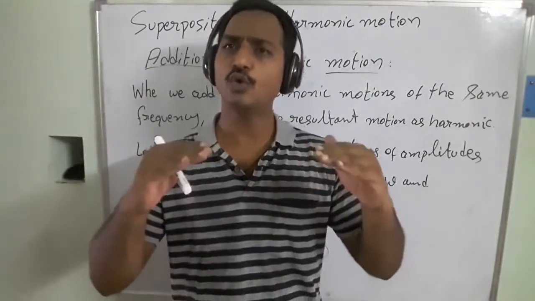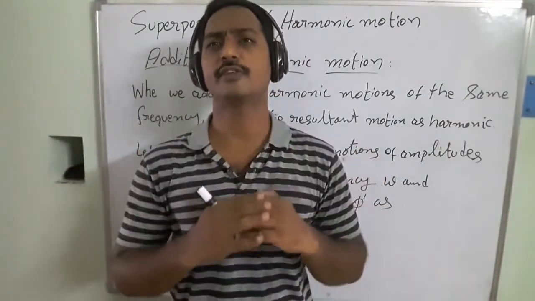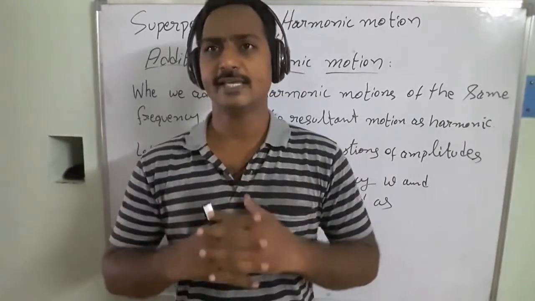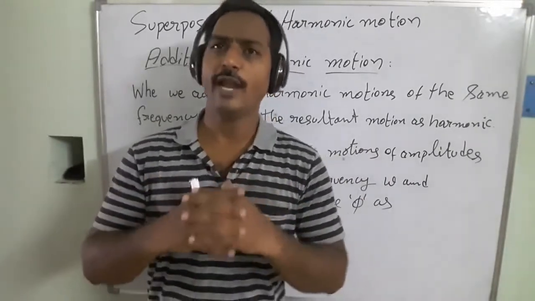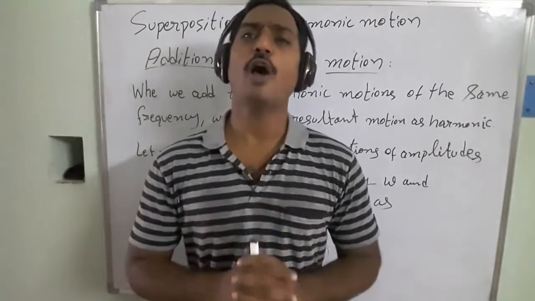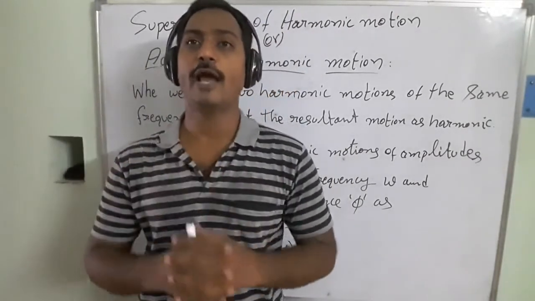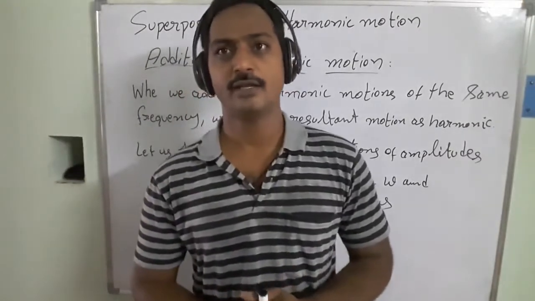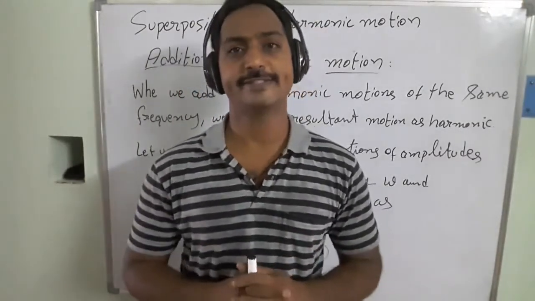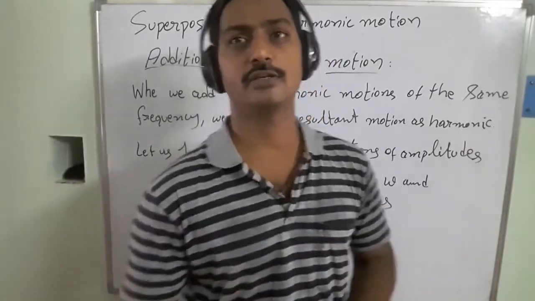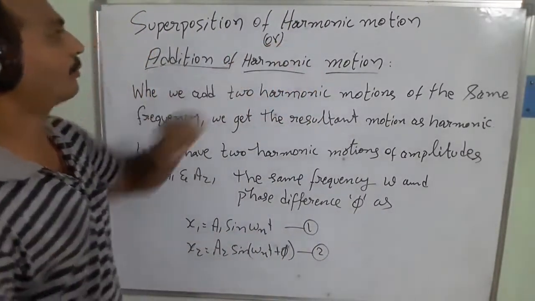Suppose you have two kinds of motions of the system available. When you want to add these two simple harmonic motions, they must have the same frequency, and they may have different phases. That is what we are going to discuss in this topic, how we can add these two, and we call it the superposition of simple harmonic motions.